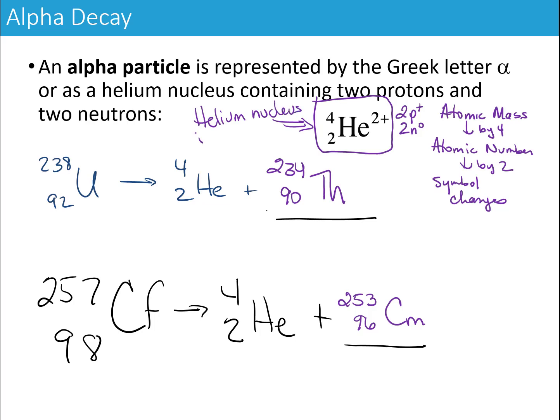So if you see a helium nucleus, He with the 4 and the 2, and it's got a +2 charge, then you know it's alpha decay, because none of the others have that.